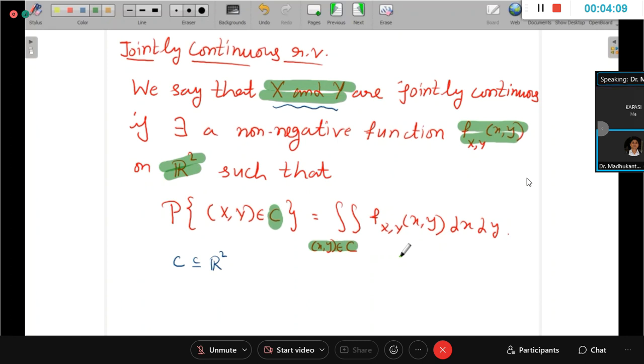I hope you have done this many times in vector calculus and integral calculus, so I don't think there is any problem understanding how to find these limits of integration. Then you can apply a change of variable and so on if you struggle in evaluating this type of integral.